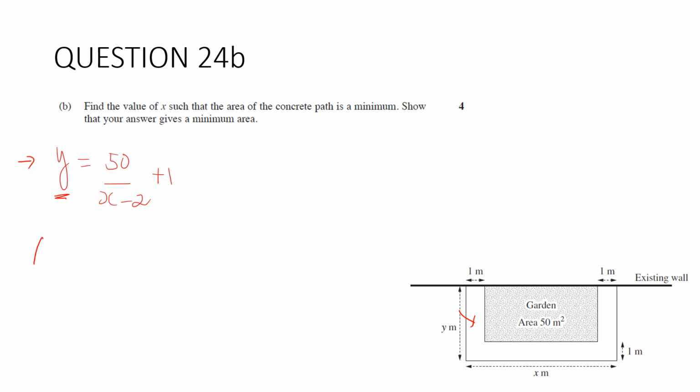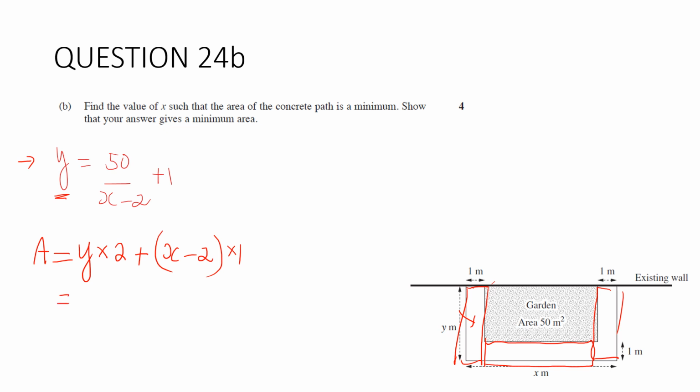So A is going to be equal to y multiplied by 1, and we want 2 of those, plus this part here, which is x take away 2 times by 1.